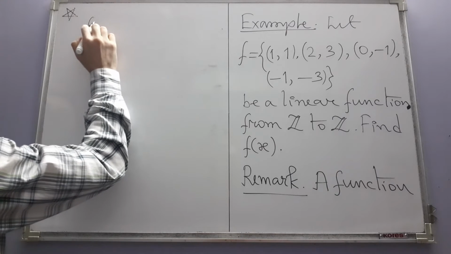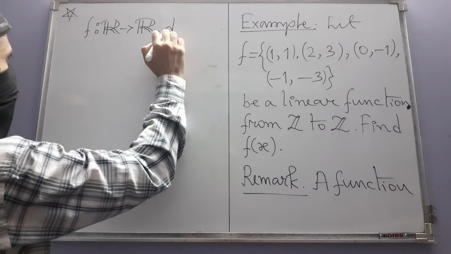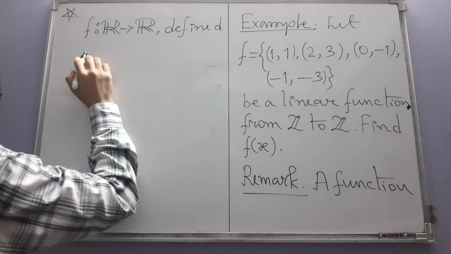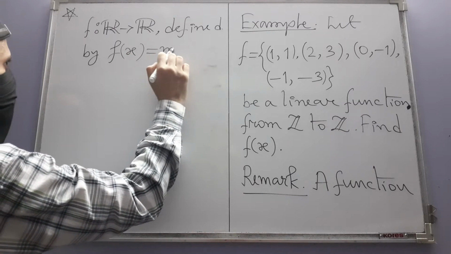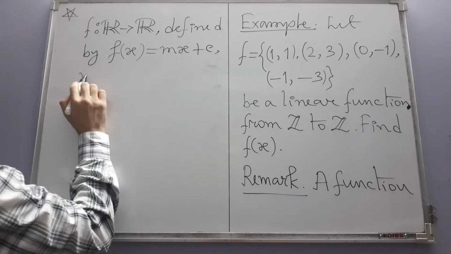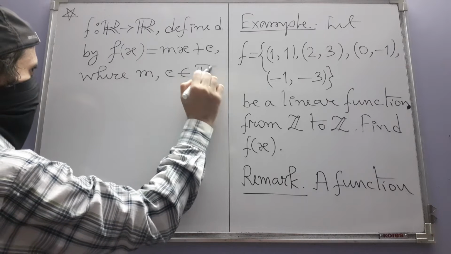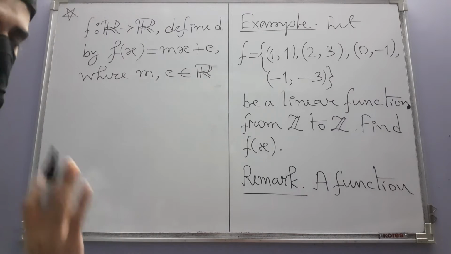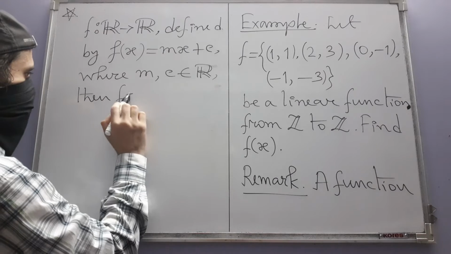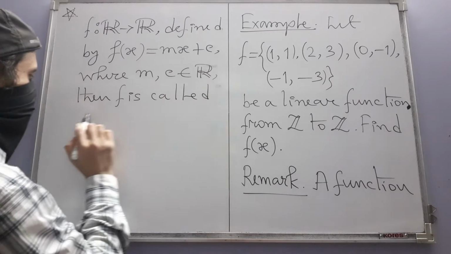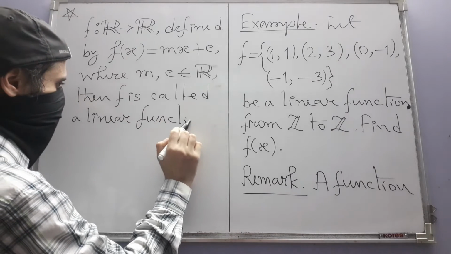A function f from R to R defined by this formula or this rule, that f of x is equal to mx plus c, where m and c are real numbers, arbitrary but fixed real numbers, then f is called a linear function.